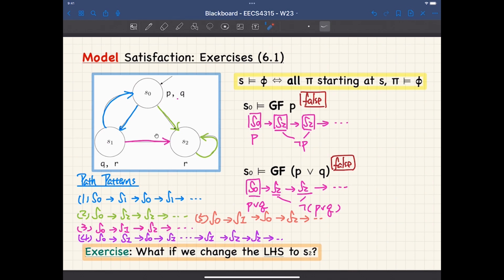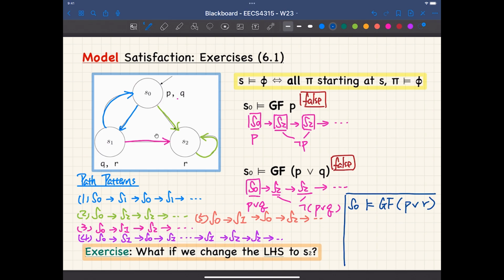And why don't we try another one? Okay, I'll put it here. What about S0, infinitely often, P or R? Sounds good, right? I can tell you that this one here is a special case.